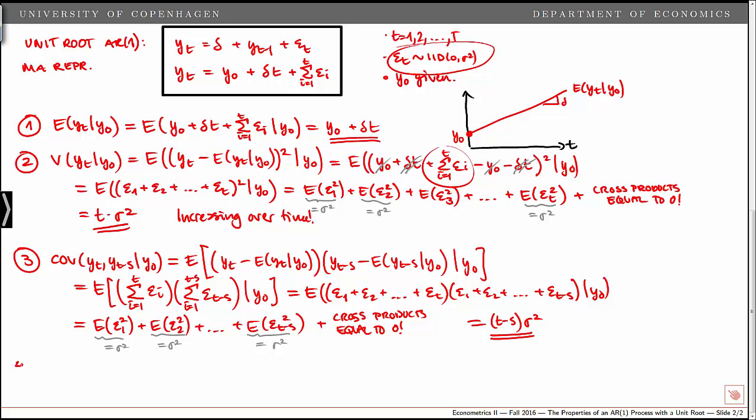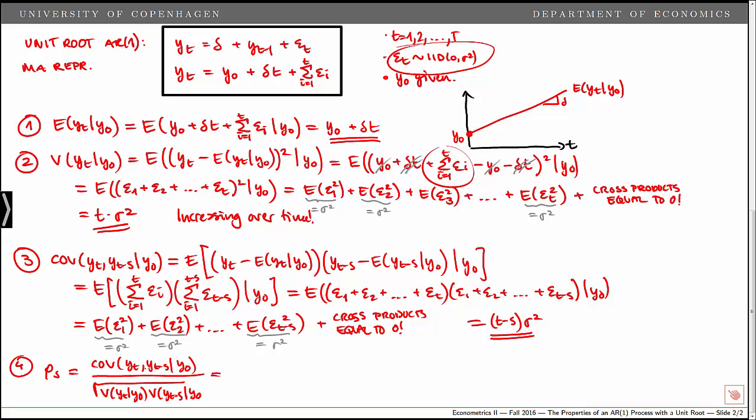Finally, we can use this to consider the autocorrelation function rho of s, which is simply the correlation of yt and yt minus s conditional on y0. That is equal to the covariance of yt and yt minus s conditional on y0, divided by the square root of the variance of yt given y0 multiplied by the variance of yt minus s conditional on y0.